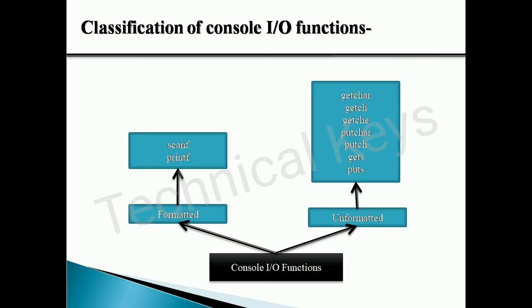Whereas in formatted functions, my binary representation will first be converted into ASCII values. Whatever numbers I understand will be converted into certain ASCII values, and this conversion is only done in your formatted functions.